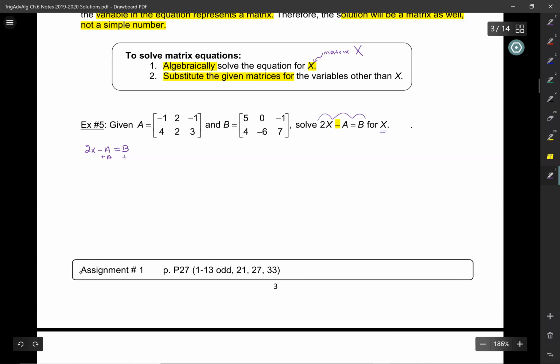Add A. So 2 times capital X is equal to A plus B, or B plus A, whatever.